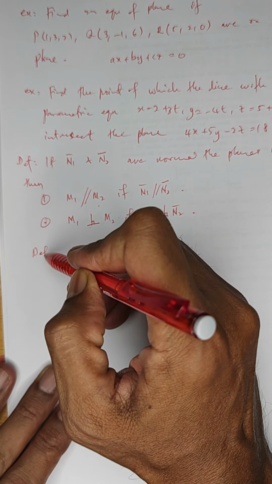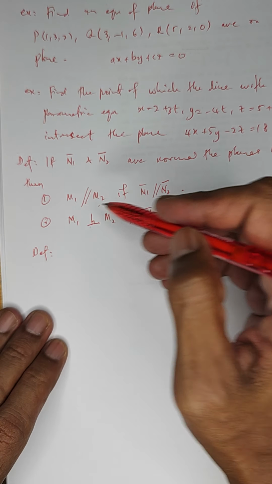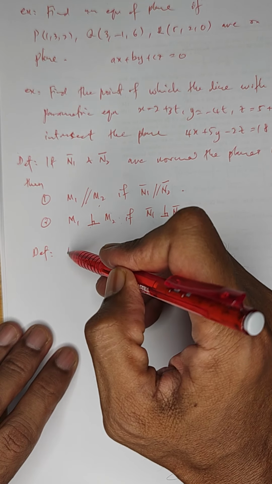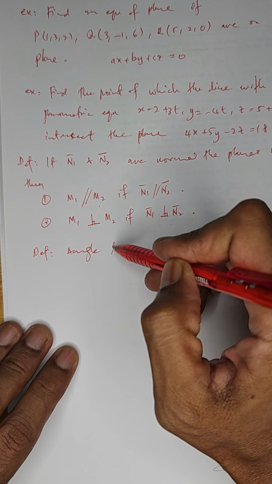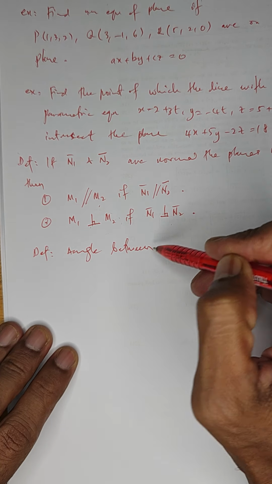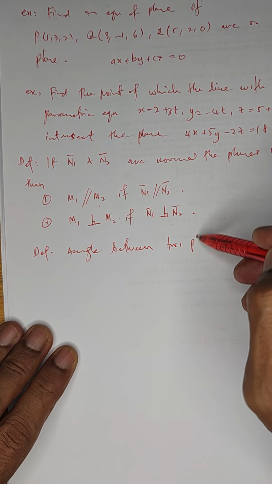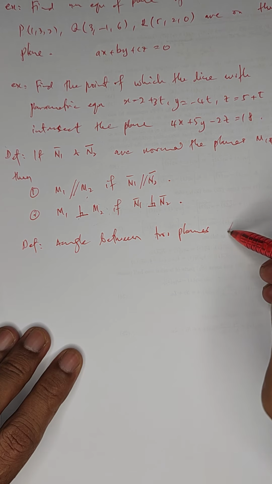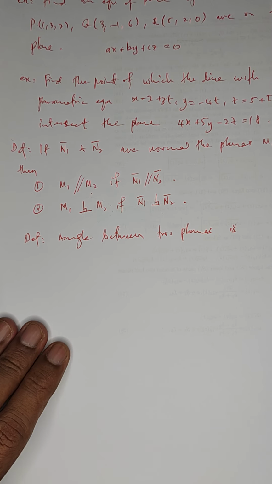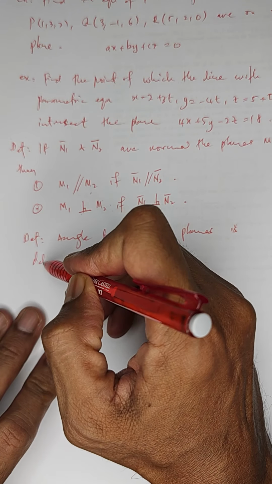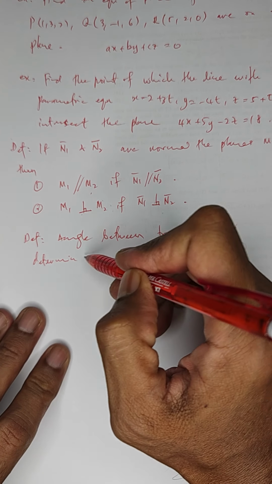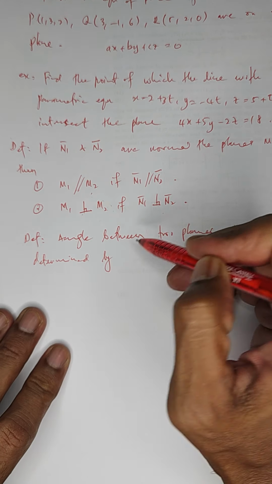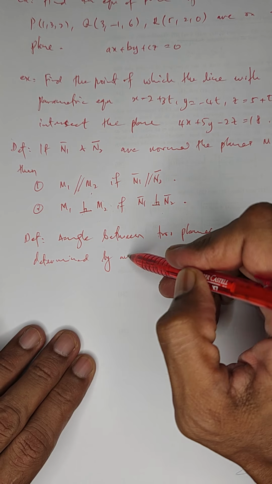Then another definition: the angle between two planes is determined by an acute angle.